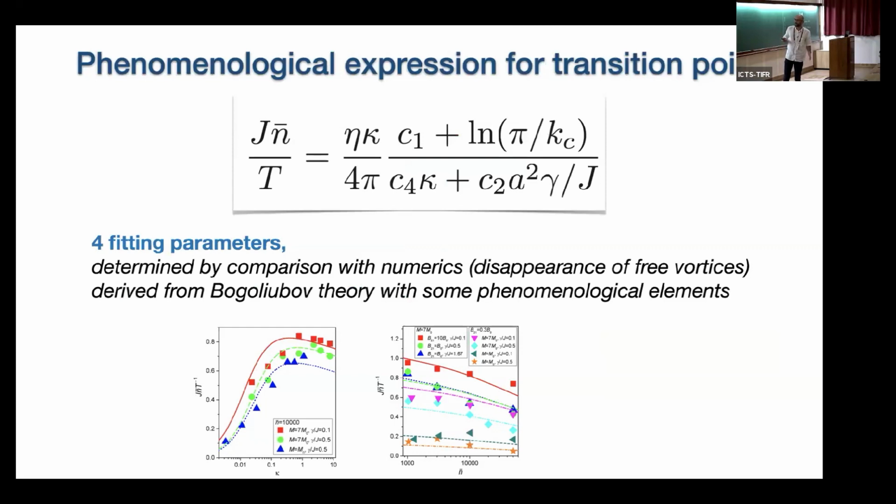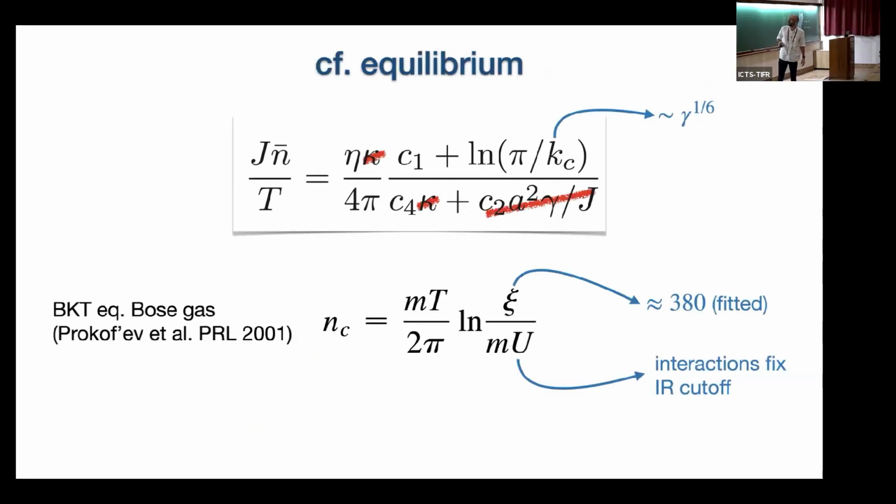We did a big round of simulations with many different parameters in the system, and the synthesis of our numerical simulations is in this formula that gives the ratio of the temperature to the hopping strength in the lattice times average photon number. Let me try to make a connection to the equilibrium Kosterlitz-Thouless transition. If you go to equilibrium, then the friction and loss parameters cancel.